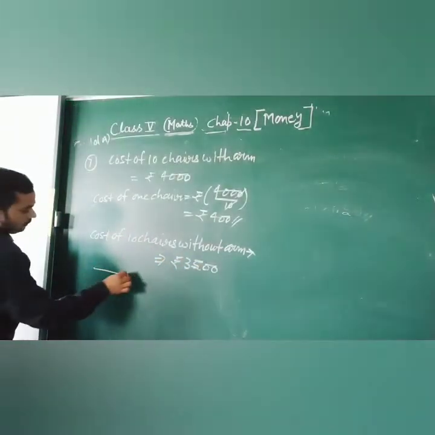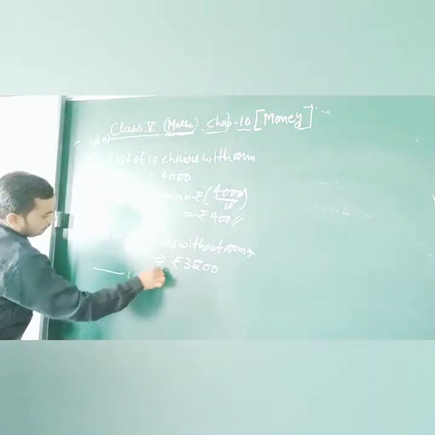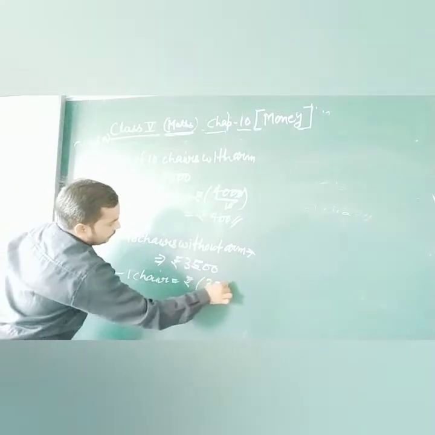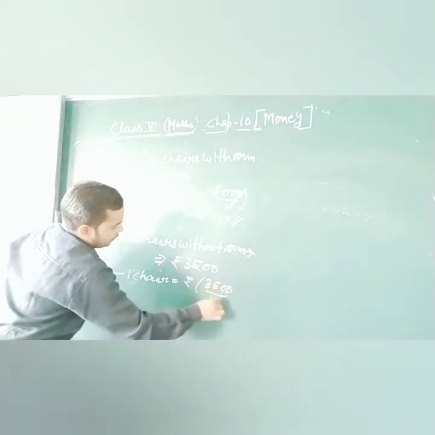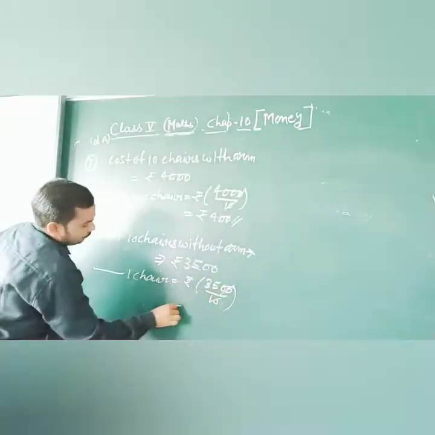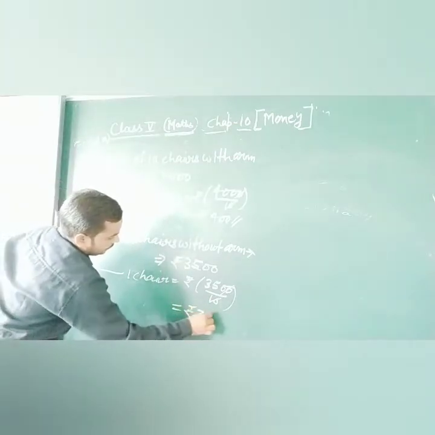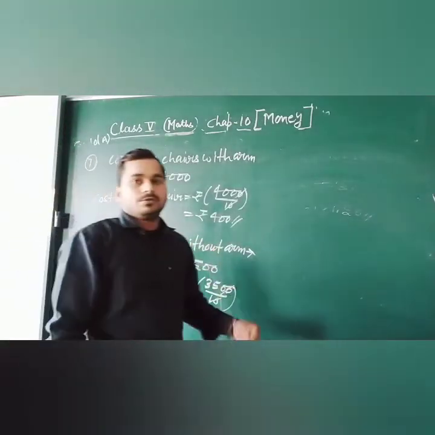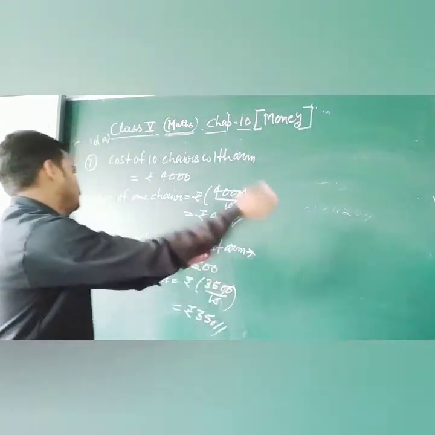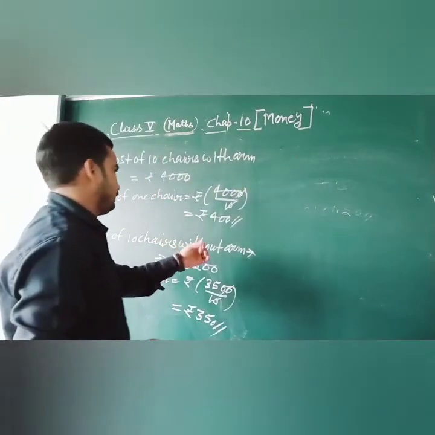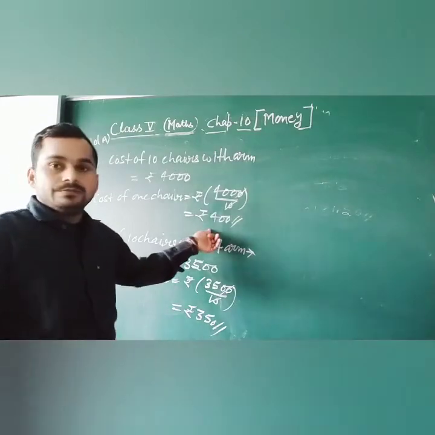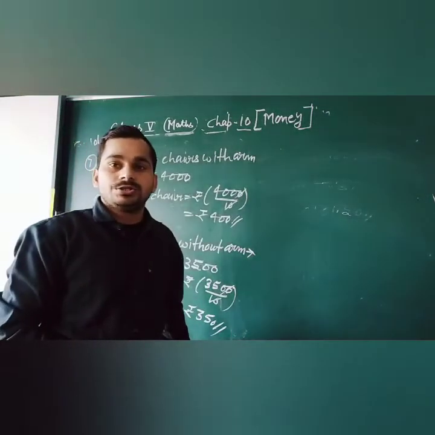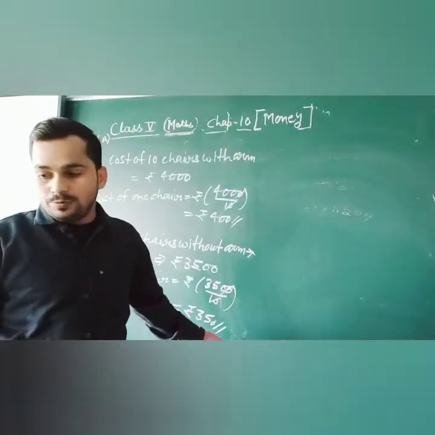So cost of one chair, so 3,500 divided by 10, so equals 350 rupees. So we have to find out the cost of one chair of each type. With arm, one chair costs 400, and without arm, one chair costs 350 rupees.